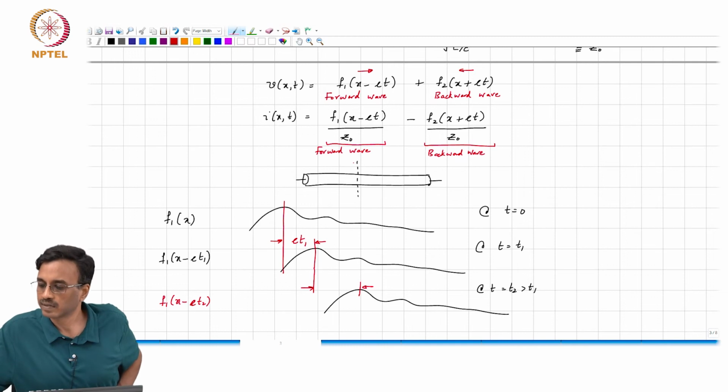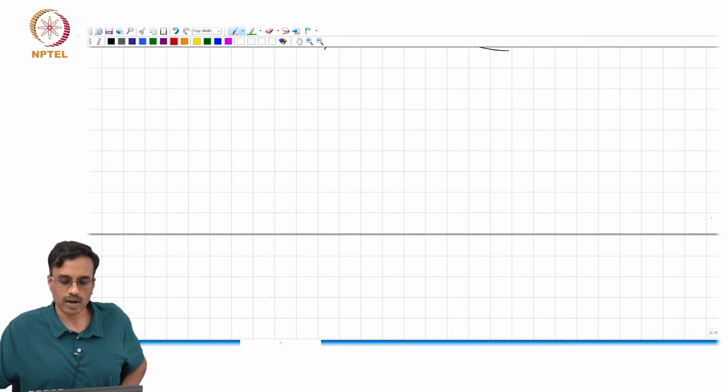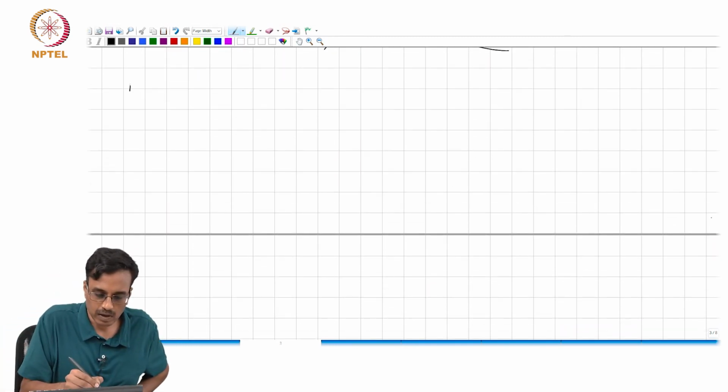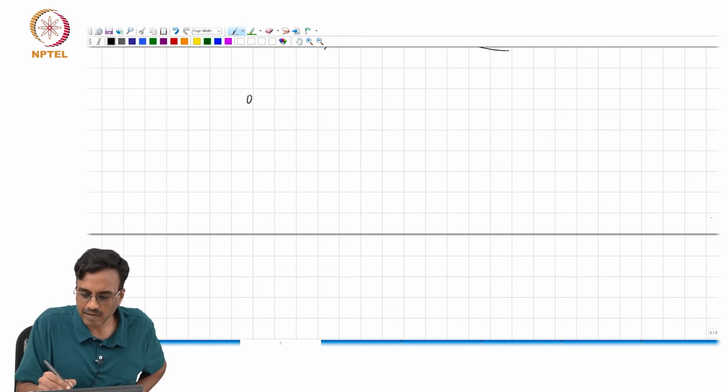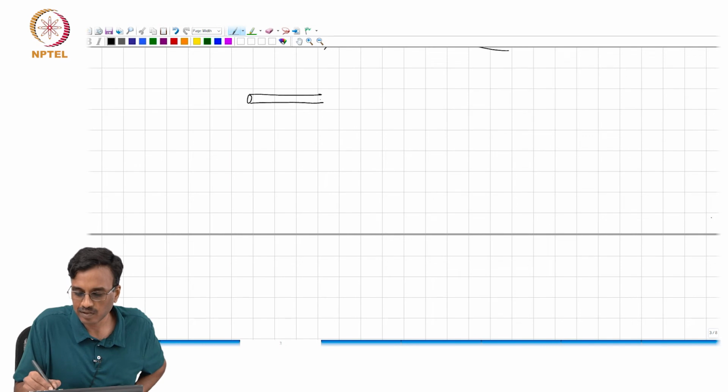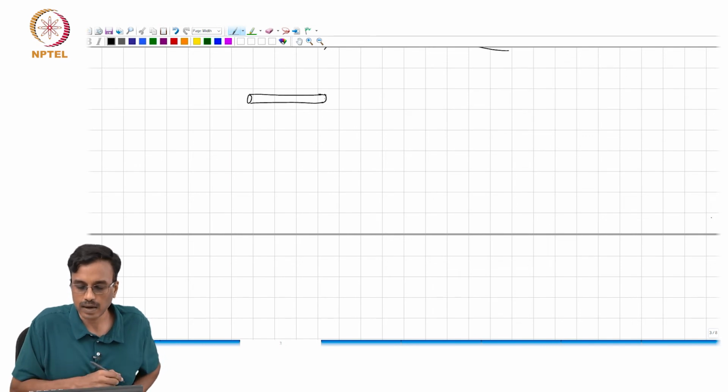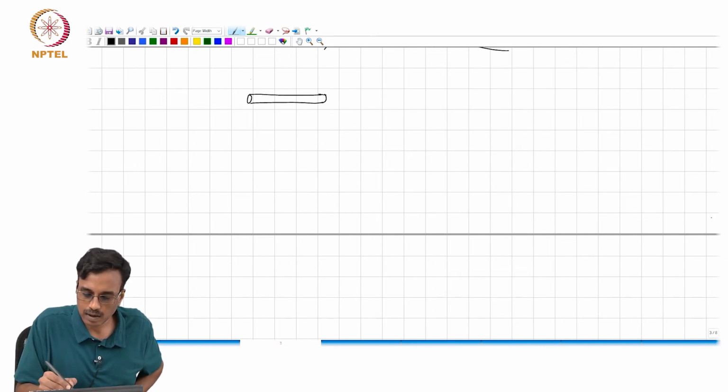So, let us build on what we have learned so far. Let us say we have a transmission line, right, which extends to infinity.